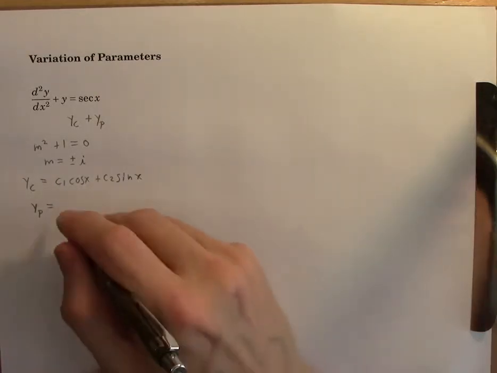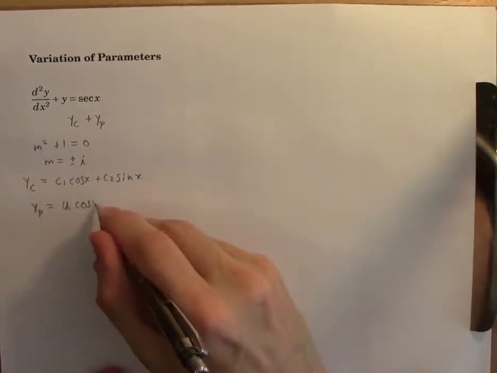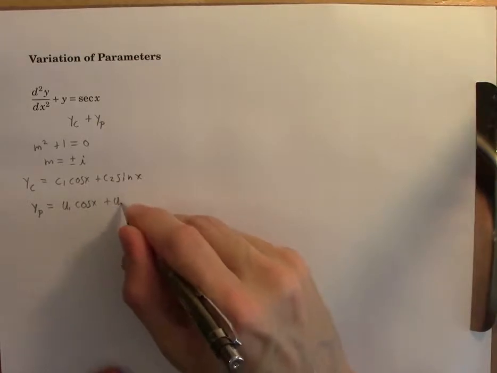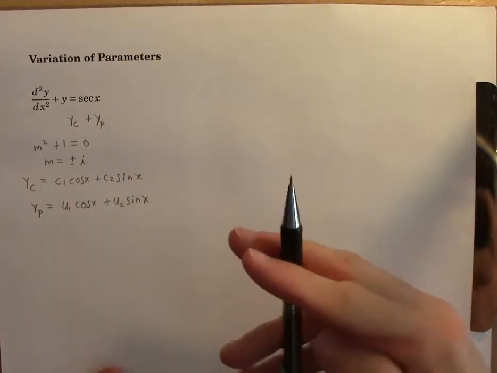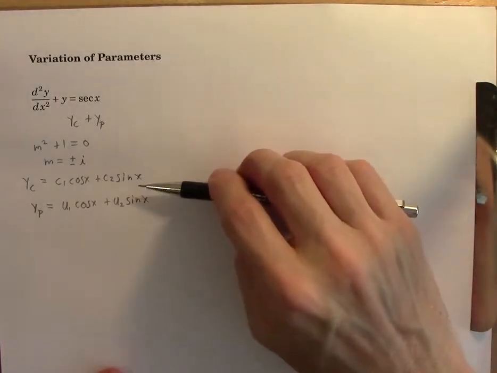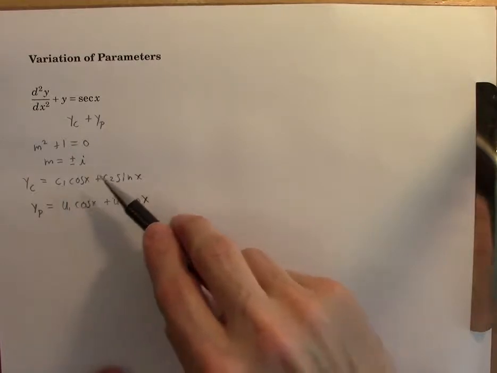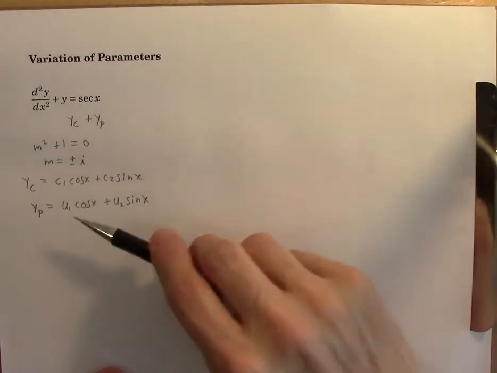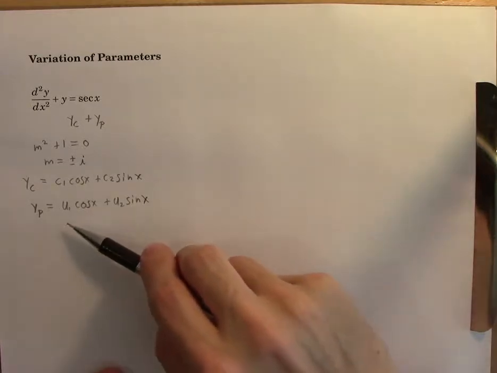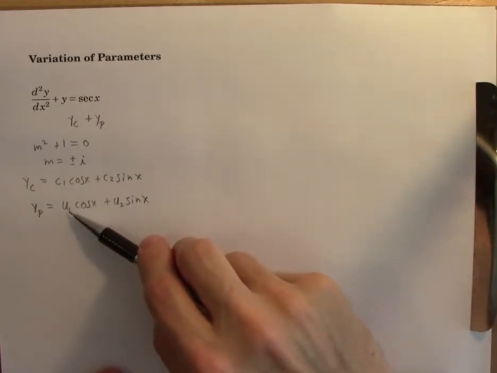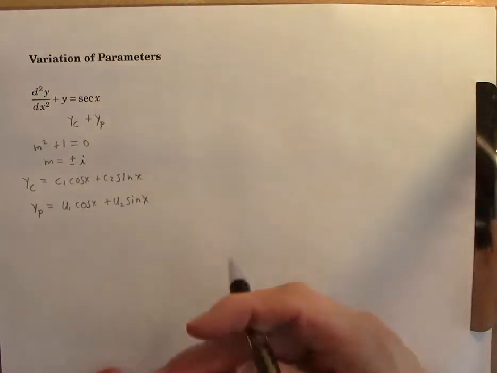For the particular solution, we'll use something similar, u1 cosine x plus u2 sine x. And there is a difference between the two. In the complementary solution, we're assuming that c1 and c2 are constants. But in the particular solution, we're allowing those to be functions. In other words, we're allowing those to vary. And that's where this method gets its name, variation of parameters.